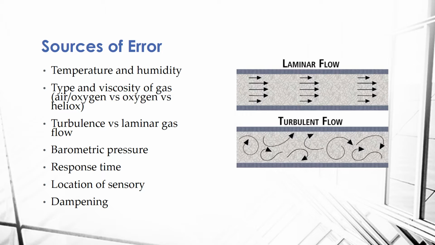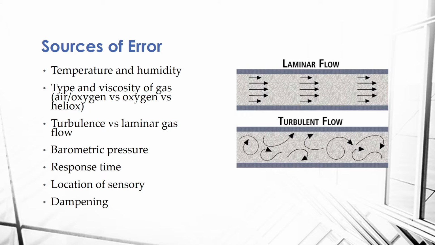So the best thing you can do, if you're actually using heliox on a ventilator, is call your manufacturer and ask them what they recommend in that situation, because you can't go out and buy a new ventilator just for one patient. You're also going to have some errors depending on your gas flow, whether it's laminar or turbulent, and barometric pressure.